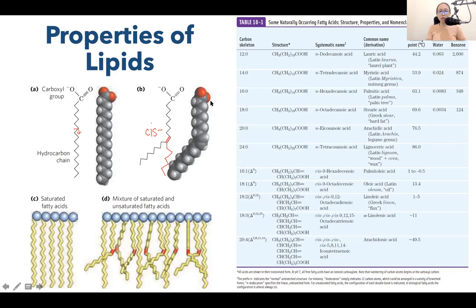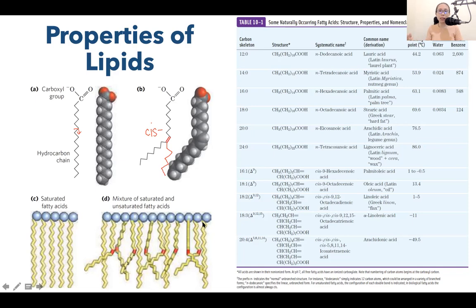This cis double bond introduces a bend in your hydrocarbon chain. Because of that bend, when the unsaturated fatty acids come together, their arrangement is not orderly, so there are spaces in between them. We talk about the packing of molecules: they cannot pack efficiently.